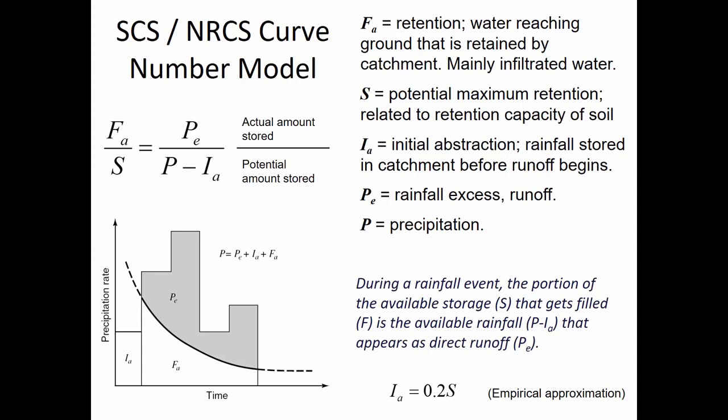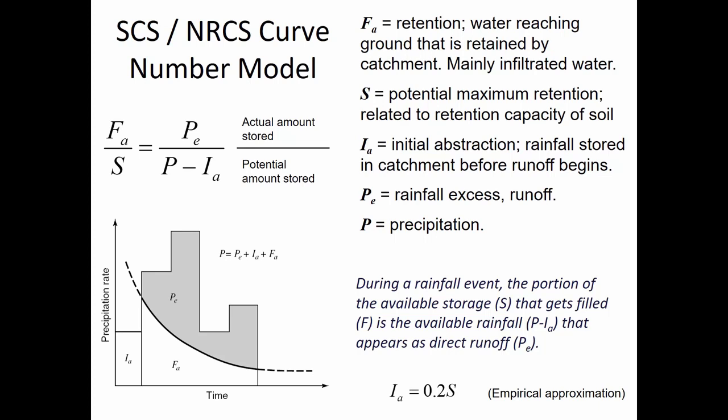Now, we said that in this conceptual model, the first thing that's satisfied is the initial abstraction. Before there's any runoff, there has to be the initial abstraction. And it turns out that that's really tricky to characterize, because you think about all of the things that we lumped into the initial abstraction: there's the evaporation, which we kind of ignore, and there's the surface wetting, the wetting of plants and tree leaves, and that varies seasonally, of course.